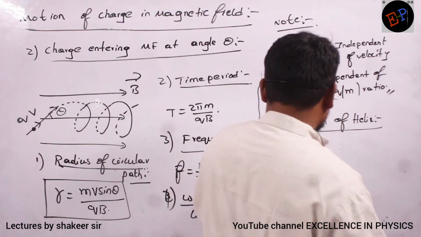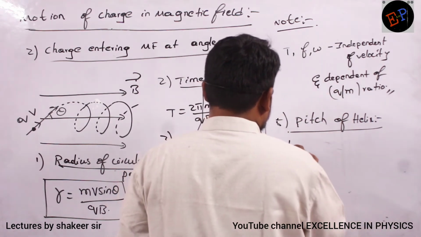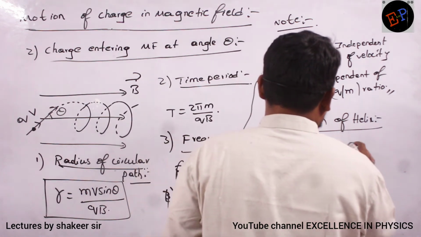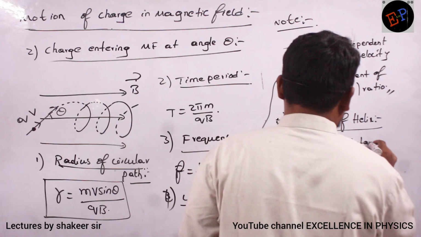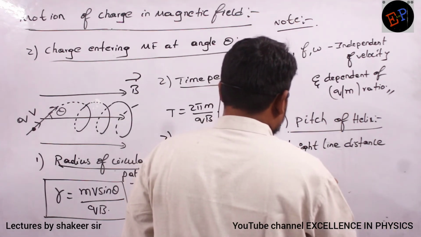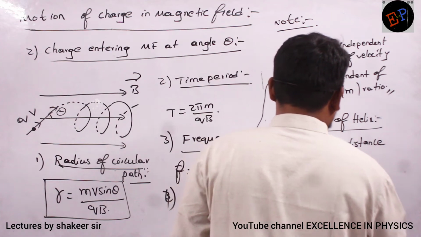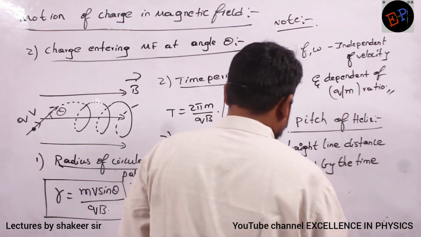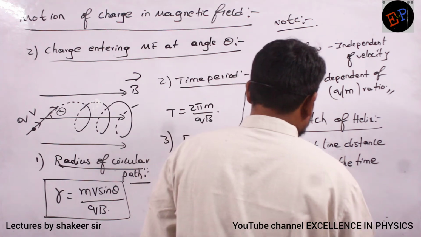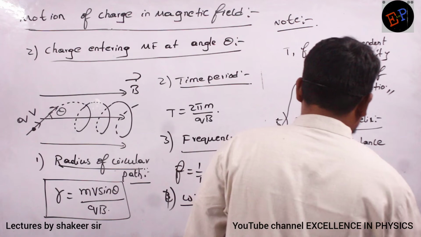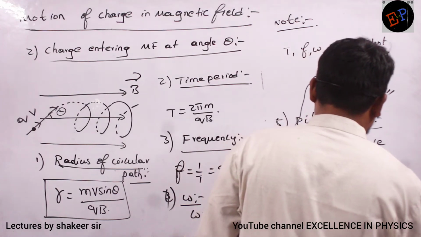Horizontal distance traveled, or you can say straight line distance traveled by the charge in the time it traces one circular path.